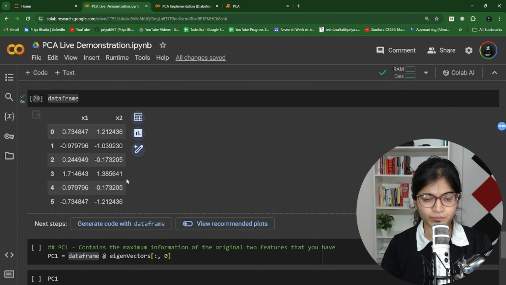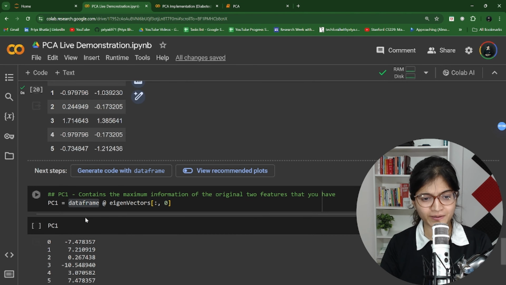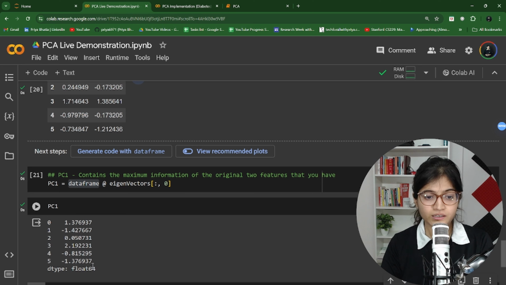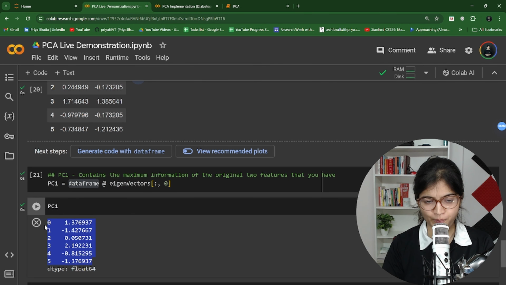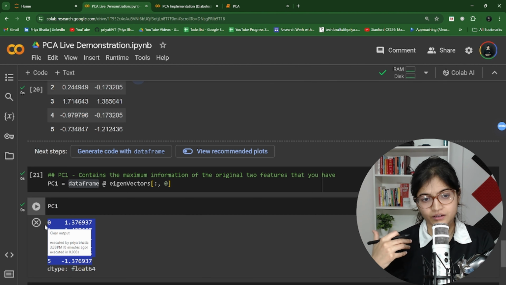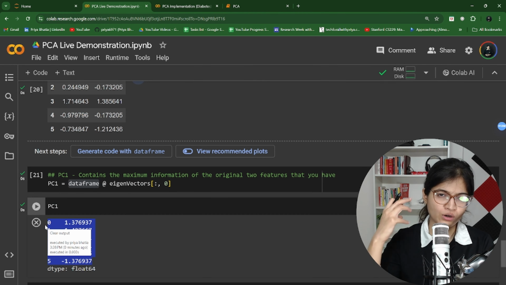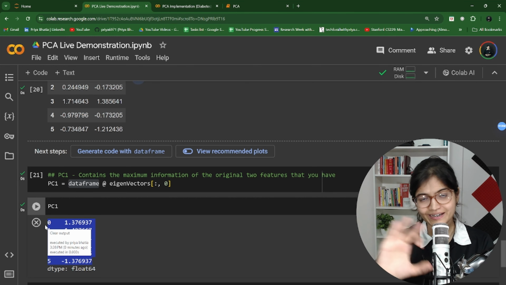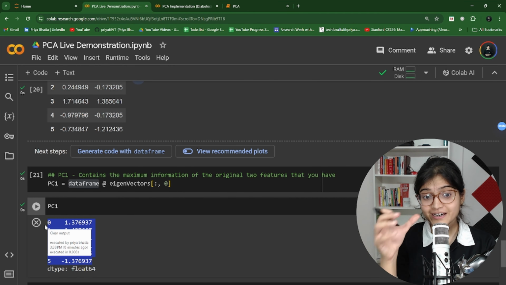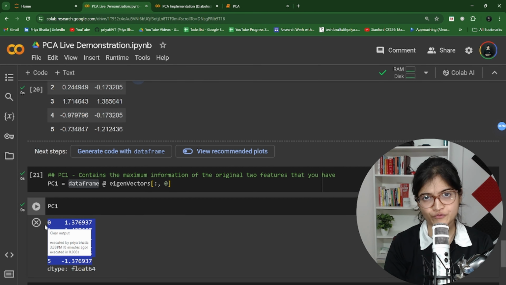So I will take this and do the matrix multiplication, and then I will be able to achieve PC1. This indicates my first principal component, which contains the maximum information of my original data. So if you want to convert your 2D data to 1D, it's done. Now you have the very first component, which contains the maximum information of your two-dimensional feature set.